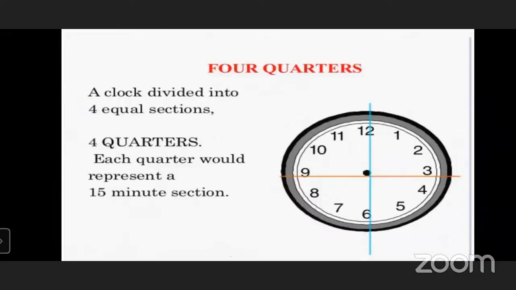Every section is of 15 minutes. So 15 multiplied by 4 equals 60 minutes. So the whole clock is completed in four quarters.